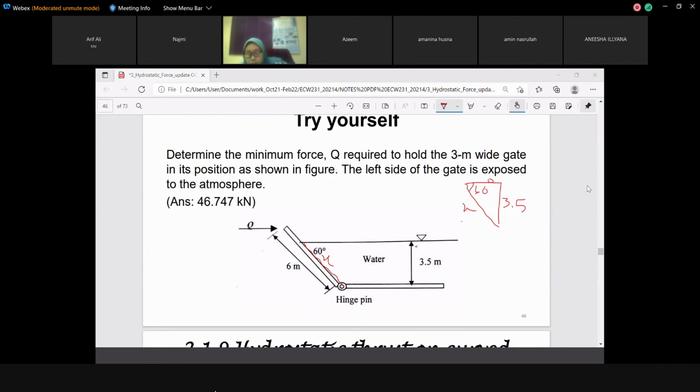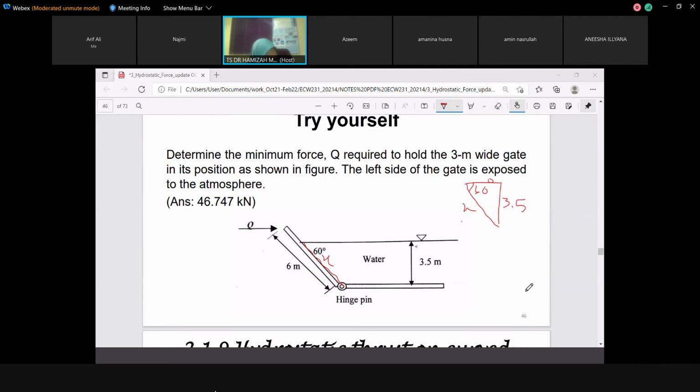Faris. Arif Ali. Berapa nilai X tu? Still dengar suara saya? Dengar doktor. Berapa X?